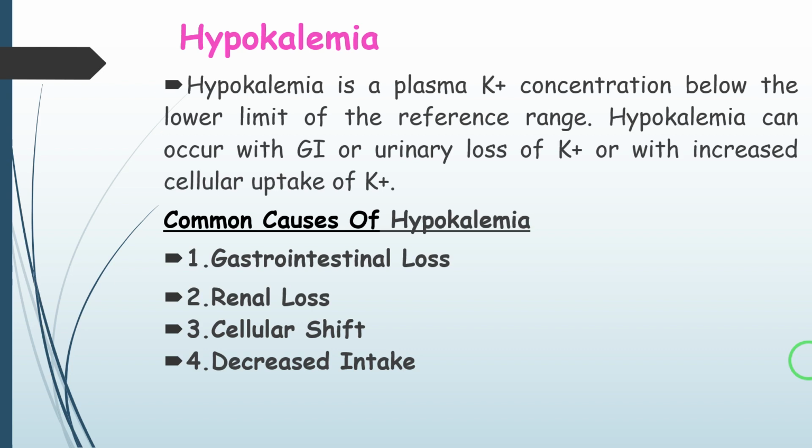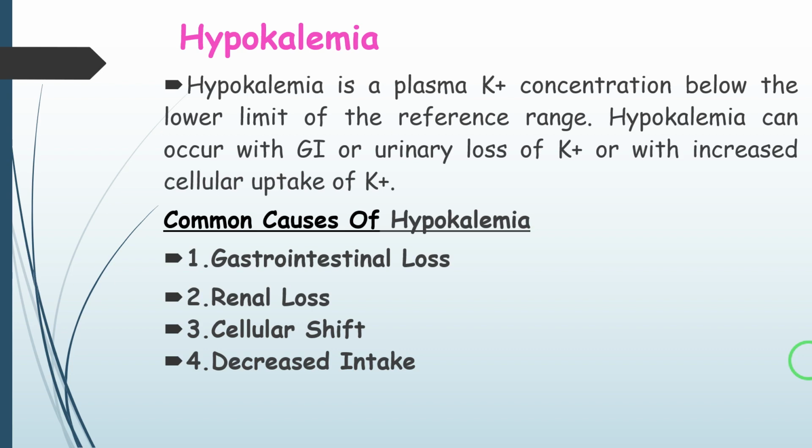So if we have a decrease in the level of potassium, it means that the defect is in one of these factors, either the kidney or the GIT, or there will be a shift from the intracellular compartment to the extracellular compartment.